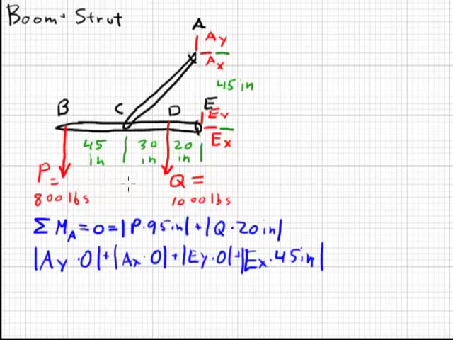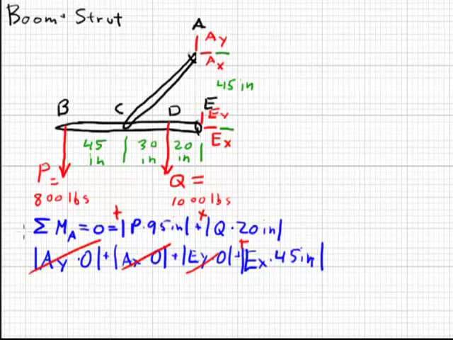Q is also going the same direction, so the moment Q will be positive. EX we're going to assume is going positively, so it's going in this direction, which is also counterclockwise. So P, Q, and E are all positive moments. These moments are 0, 0, 0.